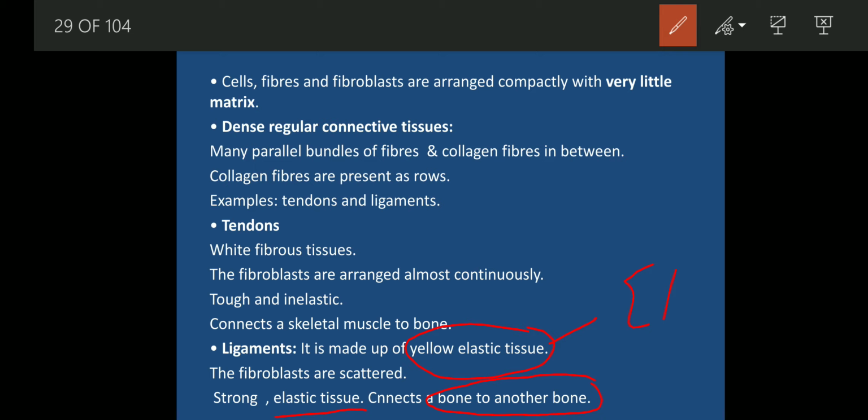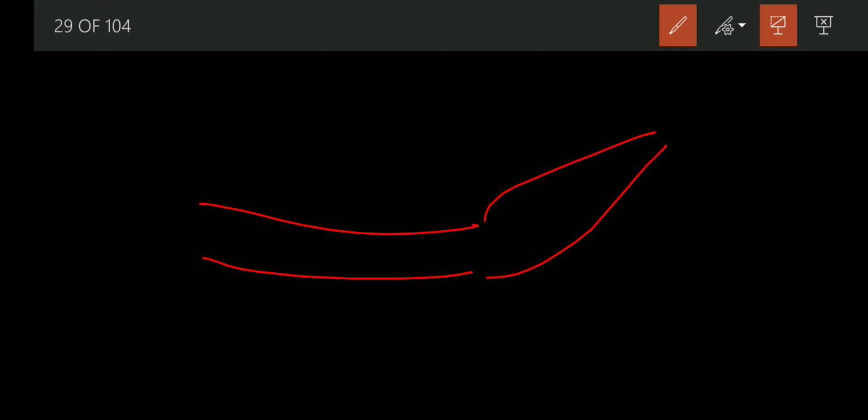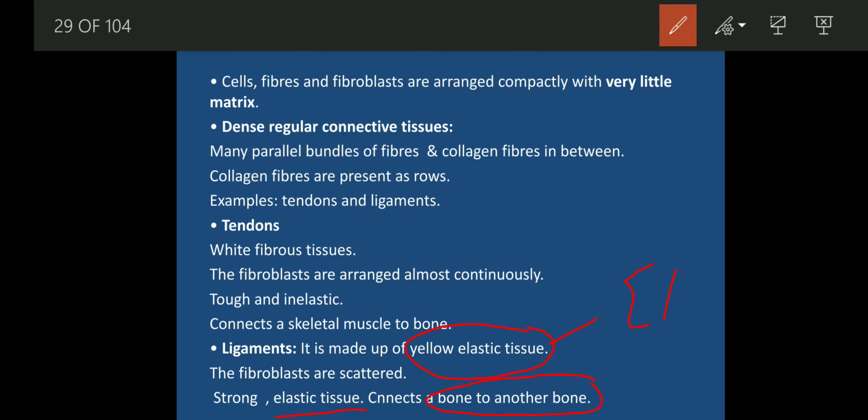Suppose this is one bone and it is connected with another bone over here. Even a lot of small bones may be connected with each other. So the connection between two different bones is mediated by ligaments, while the connection between the bones and the muscles is taken care of by the tendons.